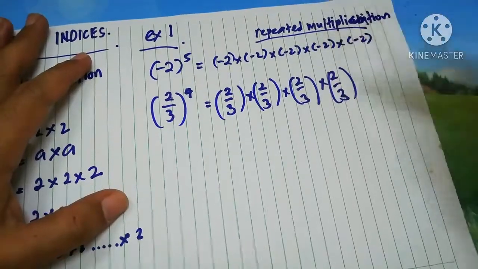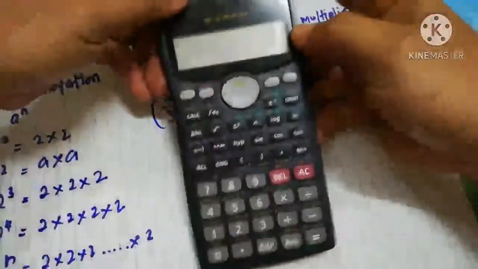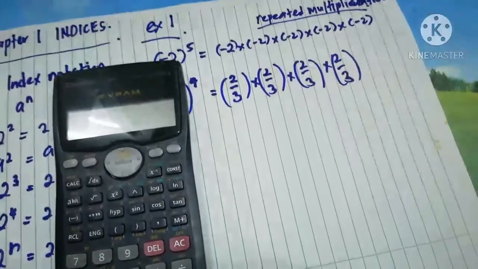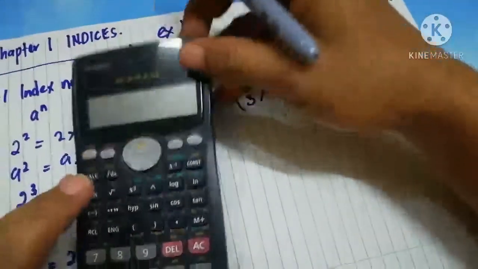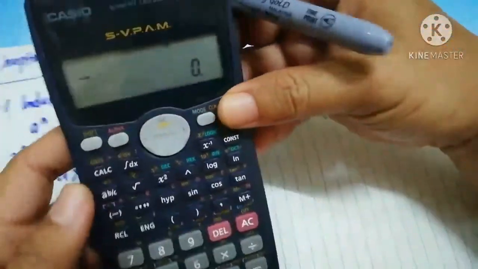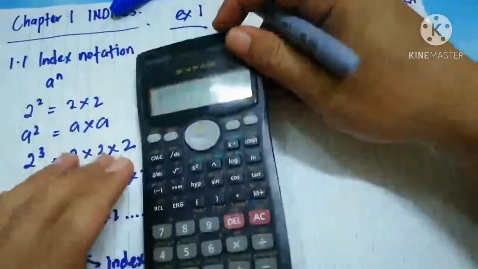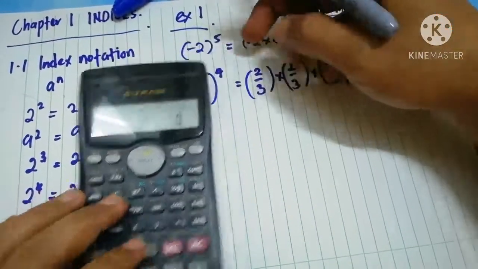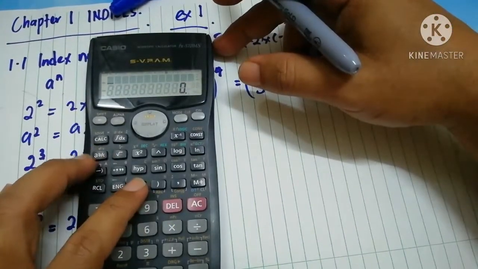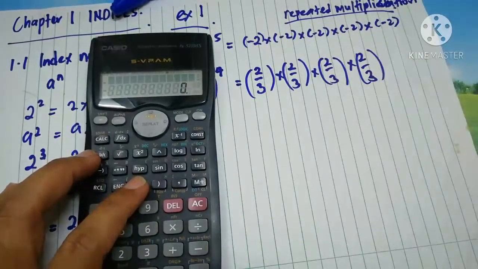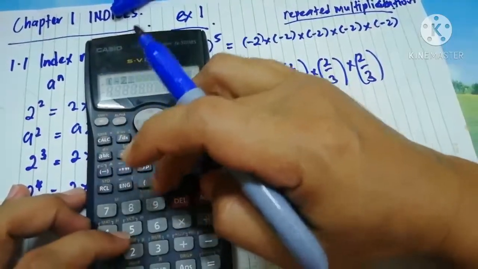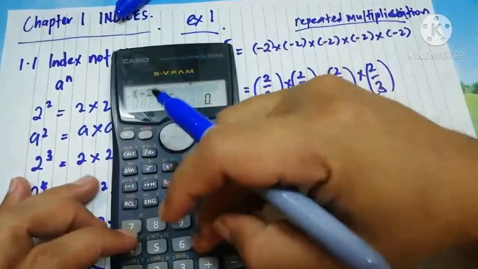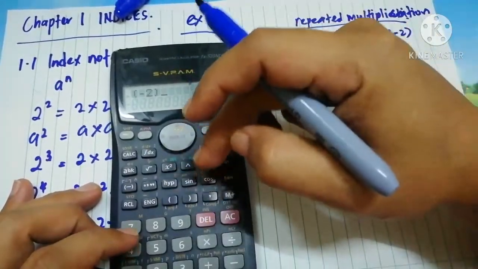By using a calculator. Okay, now we're using a calculator. So first for negative 2, negative 2 to the power of 5.